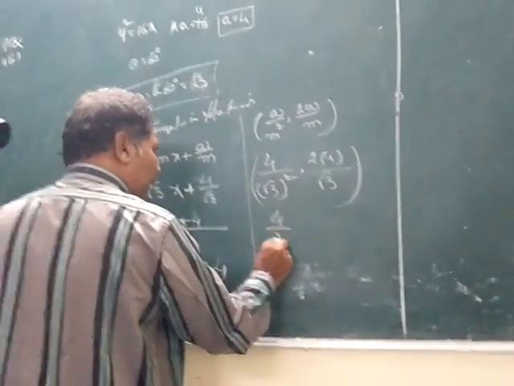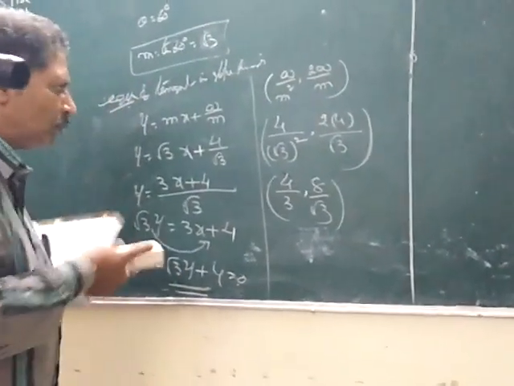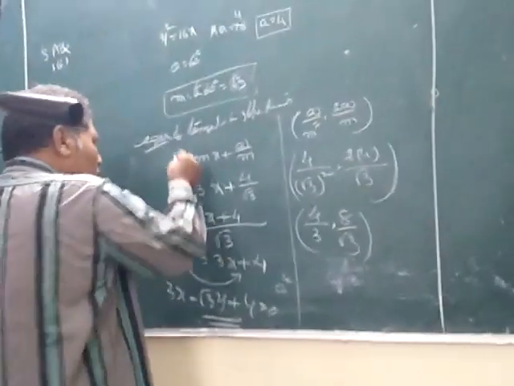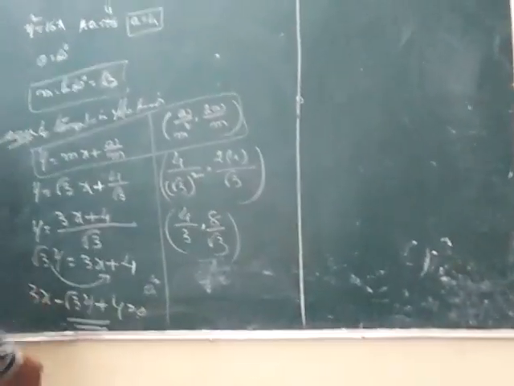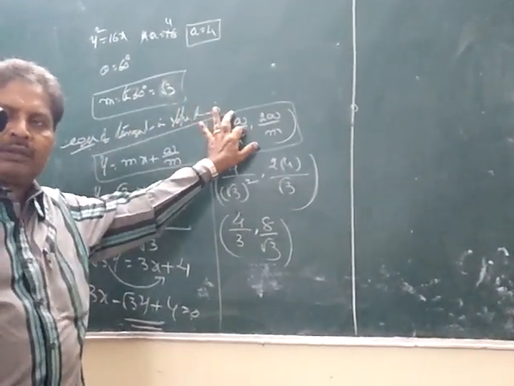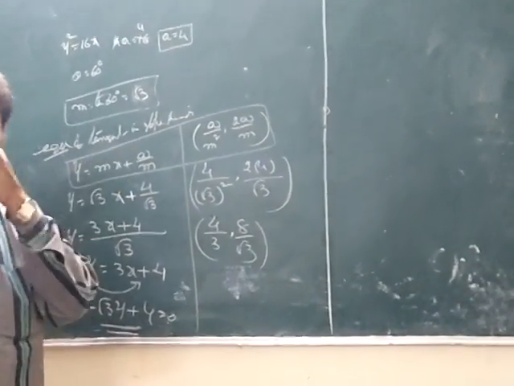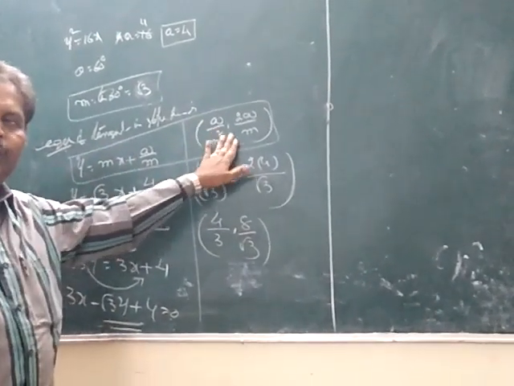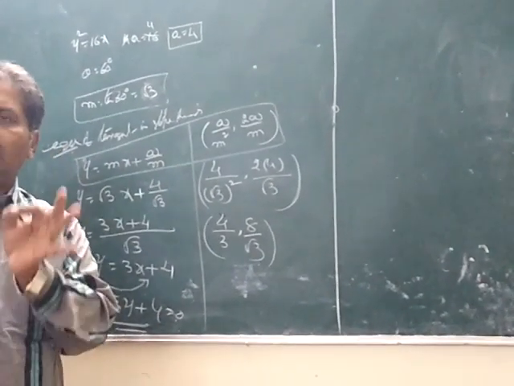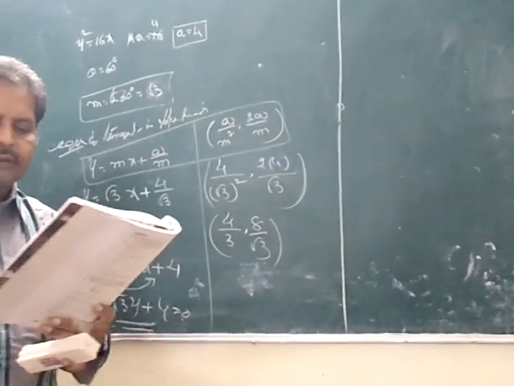So 4 by 3 comma 8 by root 3. Listen again. We apply these two formulas when the slope of the tangent line is given. Remember that point.